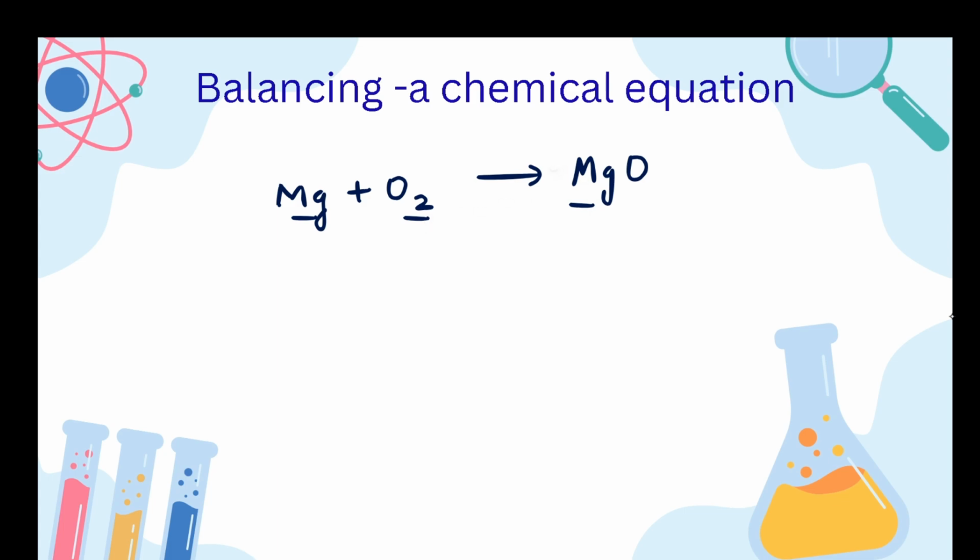So, in order to balance the oxygen atoms, we place 2 in front of magnesium oxide. When 2 is placed, magnesium also needs to be balanced here. So, magnesium is balanced and oxygen is also balanced. On both sides you have to see that the reactants and the products are getting balanced.